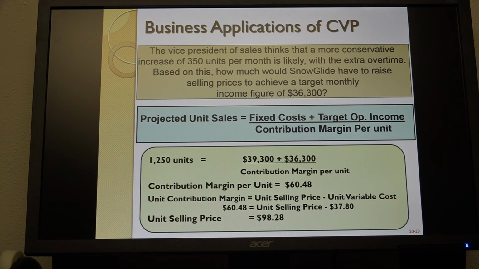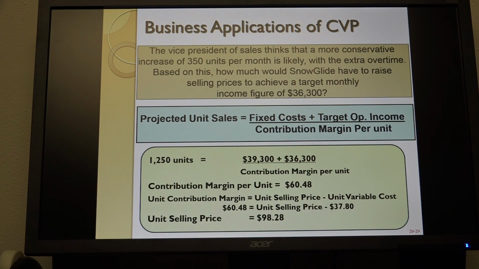Let's see what they're doing here. Oh, okay. So 350 units per month likely. Add that to the 900 units that they originally sold. That's your 1,250 units.